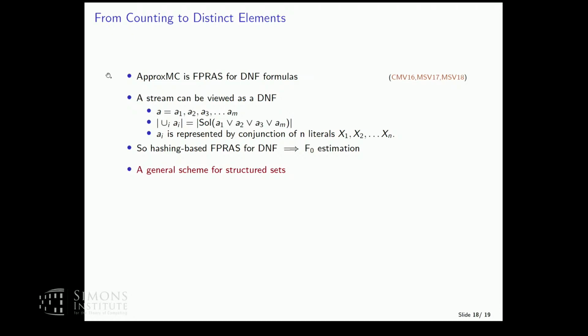But the thing is that for every element, if you can represent it as a DNF formula, you get an immediate streaming algorithm. So there are lots of models. All of those results one can derive just by saying there's a small DNF representation for this set, and disjunction of DNF is still DNF.